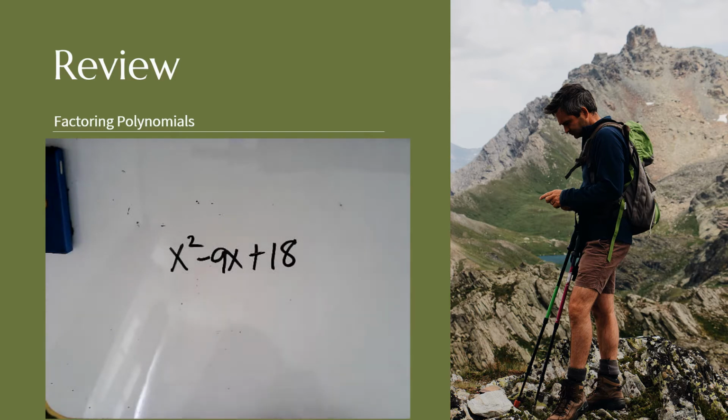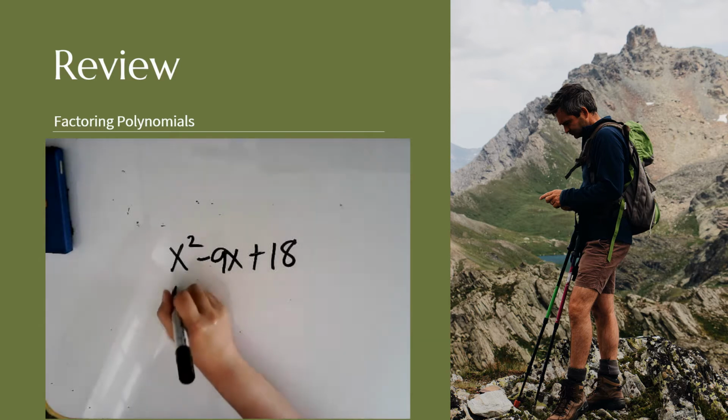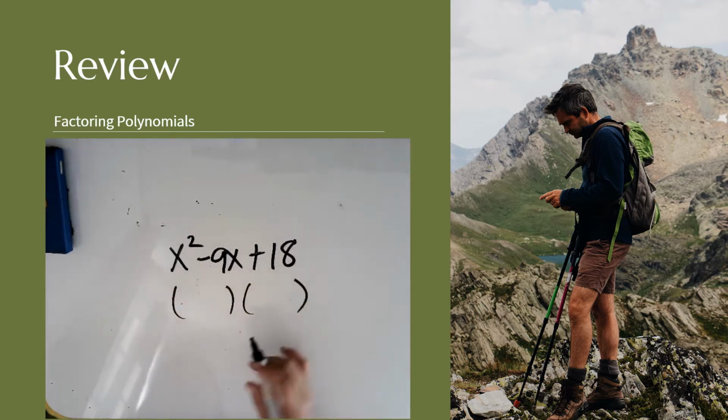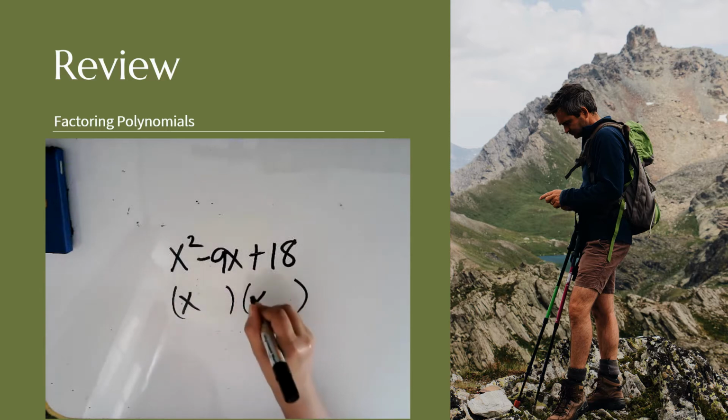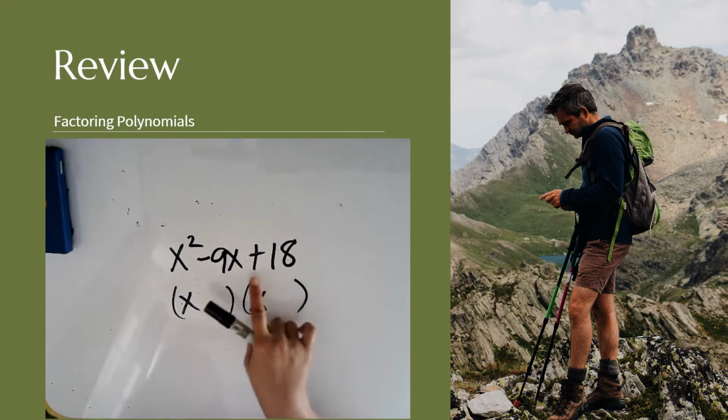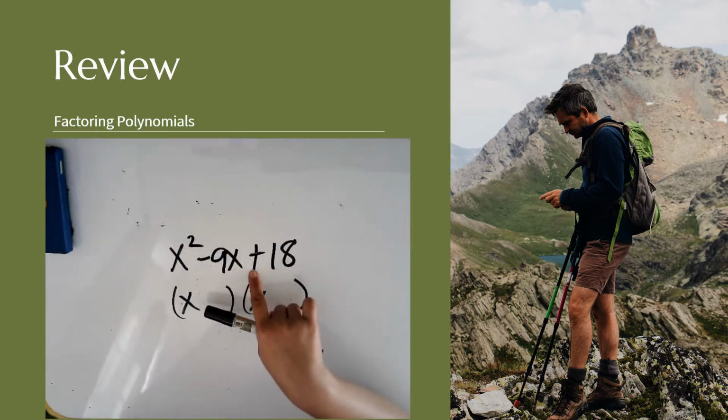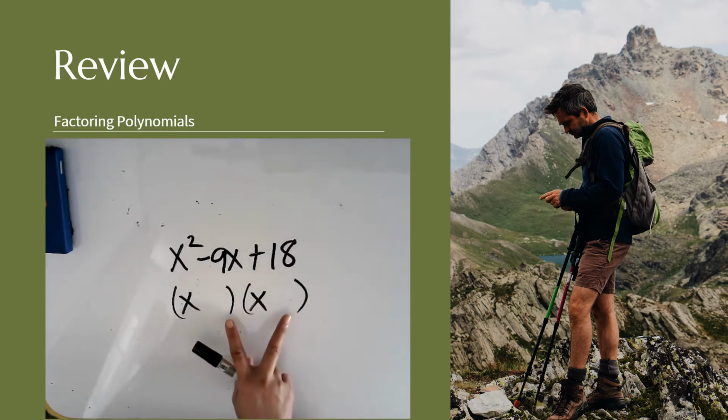Let's have another example. x squared minus 9x plus 18. The factors of x squared is x times x. Next, the third term here is positive. What does it mean? If the third term is positive, it means the factors that we should write should have the same sign.